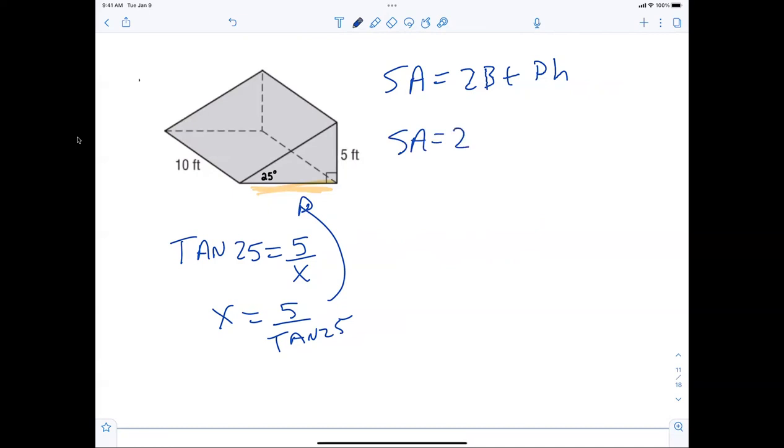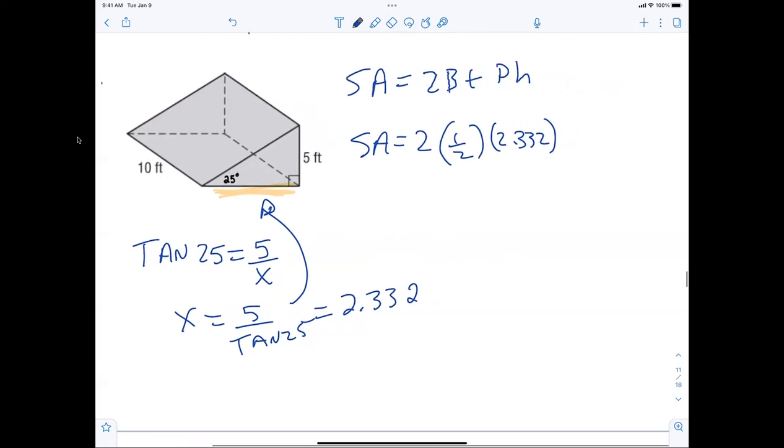What's the base formula? 1/2 base times height. So 5 divided by the tangent of 25 is about 2.332. So 1/2 times 2.332 times 5, right? Yeah. Plus.